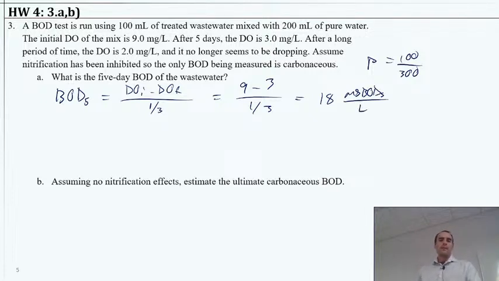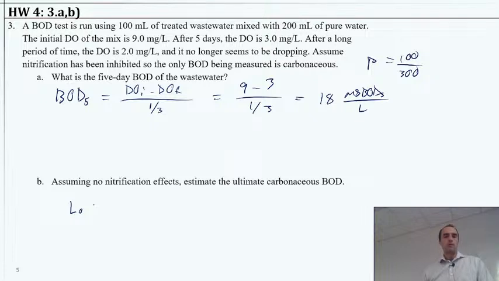Okay, part B says, assuming no nitrification, estimate the ultimate carbonaceous BOD. As a reminder, the ultimate we described as L0. We used that when we merged a river with wastewater, and we said at that juncture we have some ultimate amount of BOD that would ever be demanded by that stuff in the water.